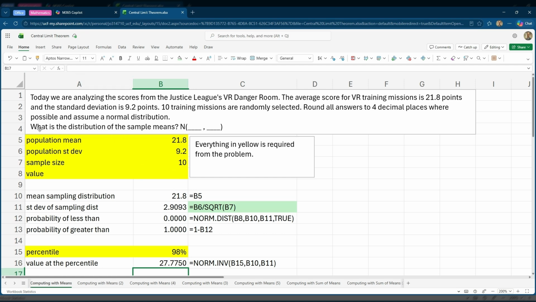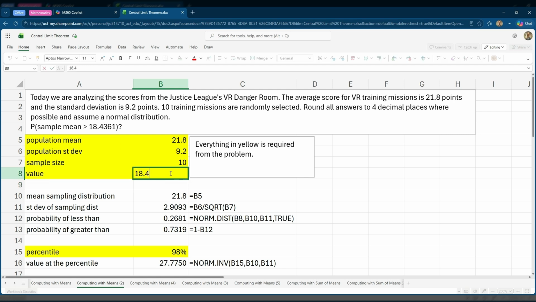Because I didn't have a lot of room, each part is going to be on another tab. But when I go over to the other tab, you're going to notice that everything is basically the same. Okay, but now we want to know the probability that the sample mean is greater than 18.4361. So I'm going to put my 18.4361 in here.